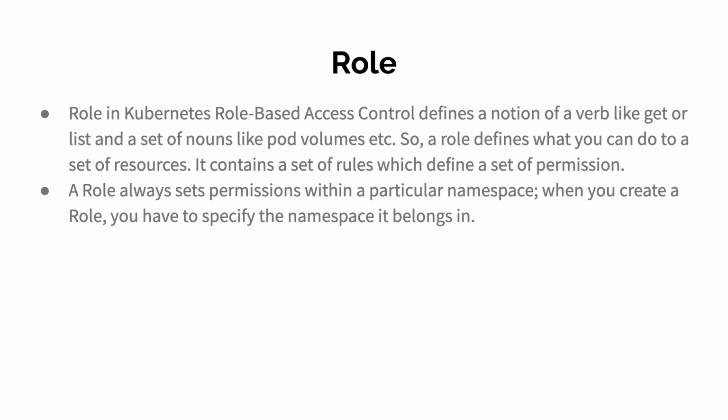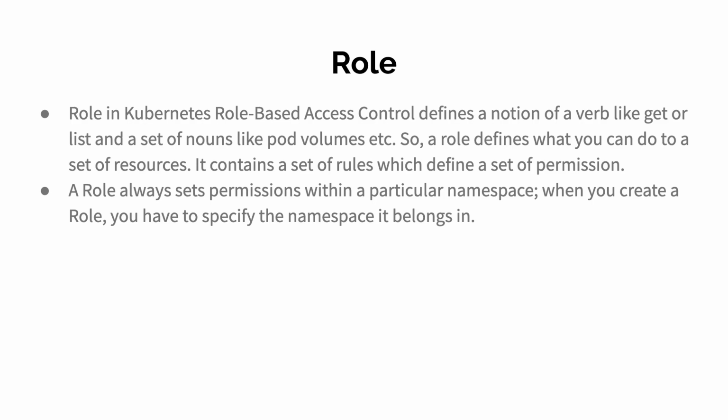So RBAC has four different objects that we can use to control permissions or to allow restrictions. First is Role. A role in Kubernetes can be attached to a service account, a group, or a user, but a role is always namespaced.